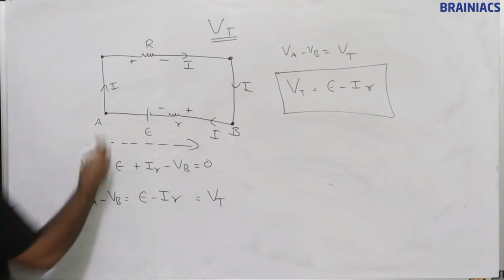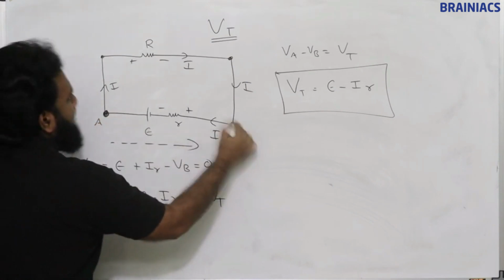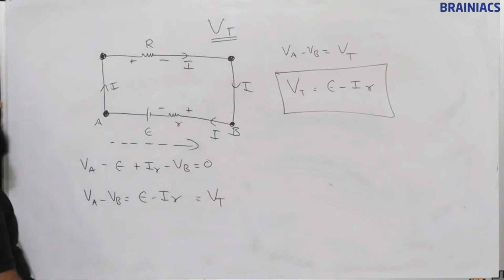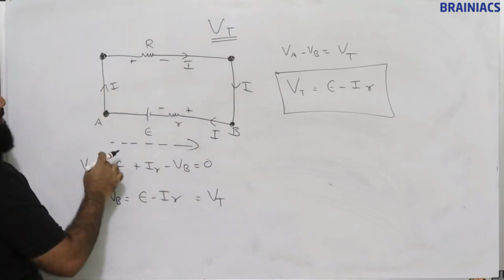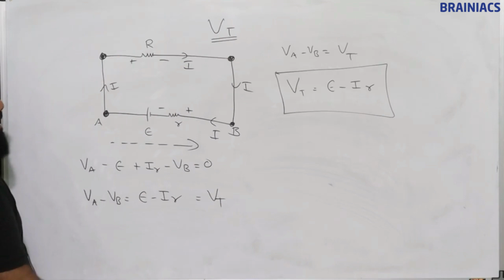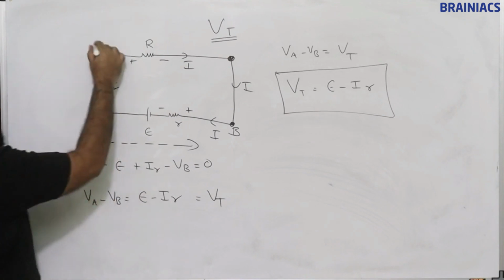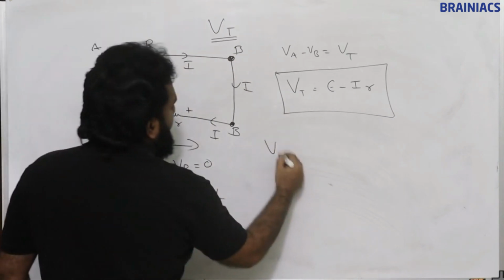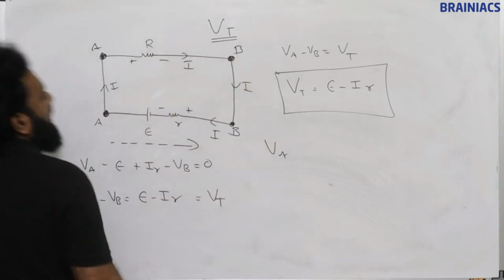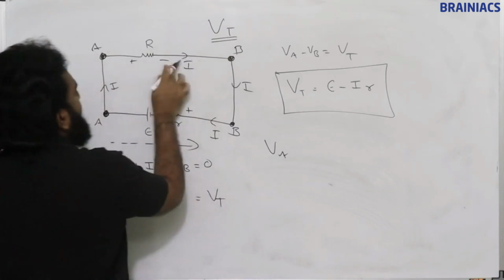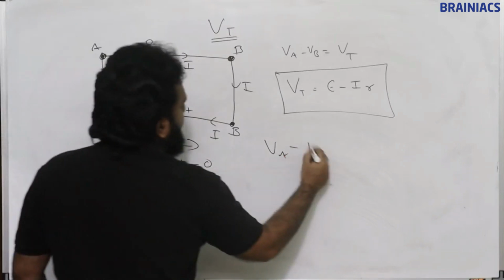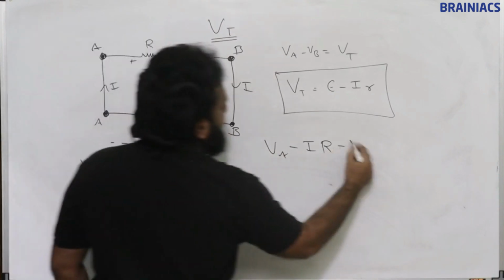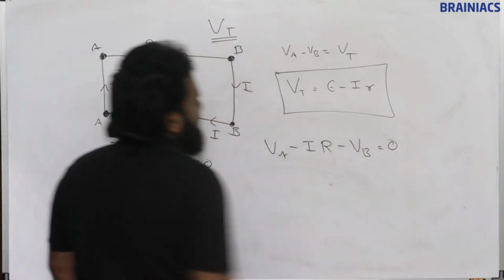So this AB is the same as this one. If current is flowing through this, I can say this is A, this is B. In the same way we take VA, current flowing in this direction, minus I into R, then minus VB is equal to 0.